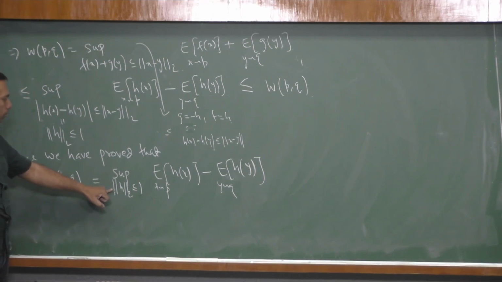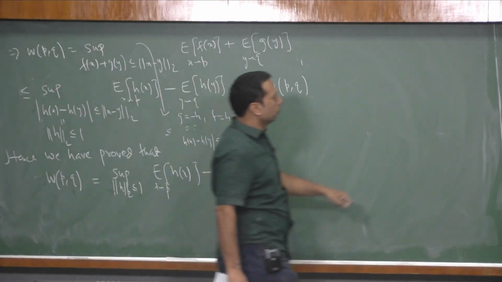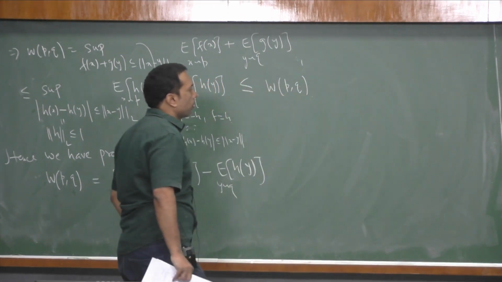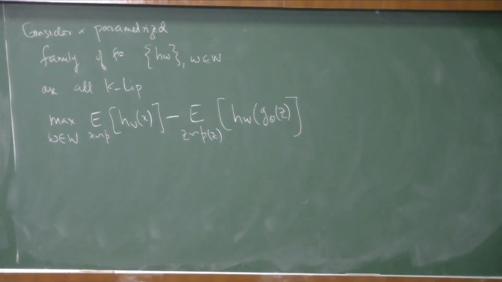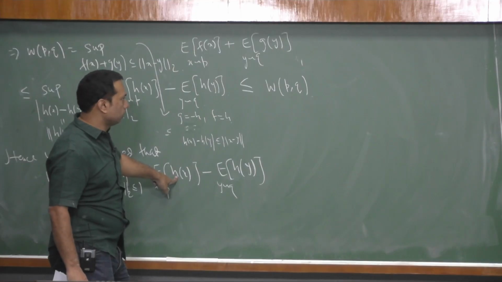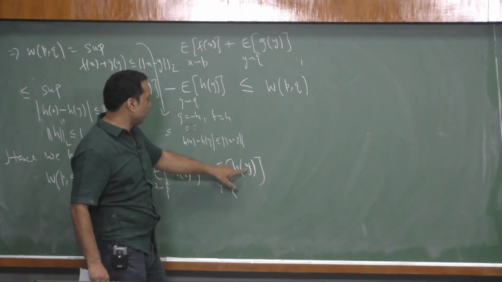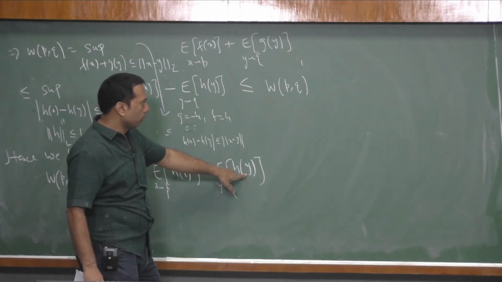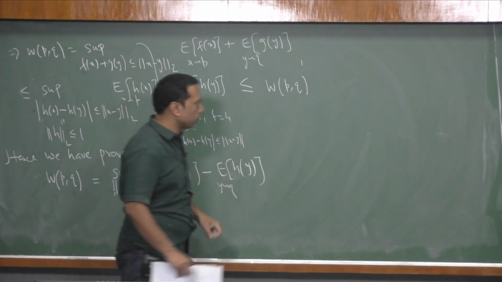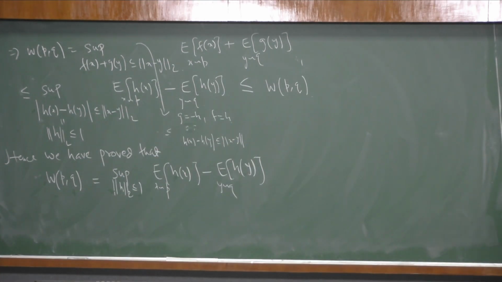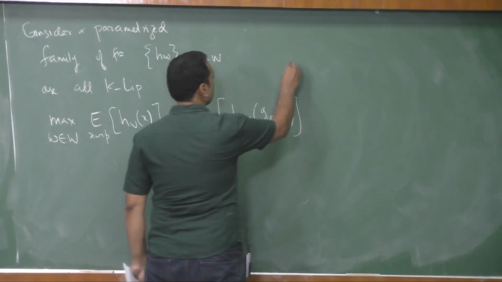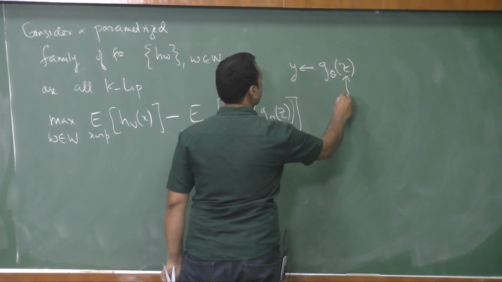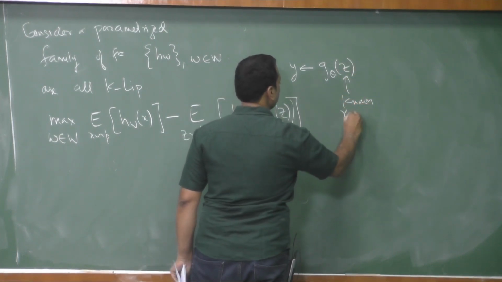So at the end of the day, you will be approximating the distance. H_W is the choice you have, and Y is produced via another neural network, G_theta, and Z is a known random variable. As I said, we are building a generative model, so we want to produce Y via a push forward G(Z), where Z is a known random variable.